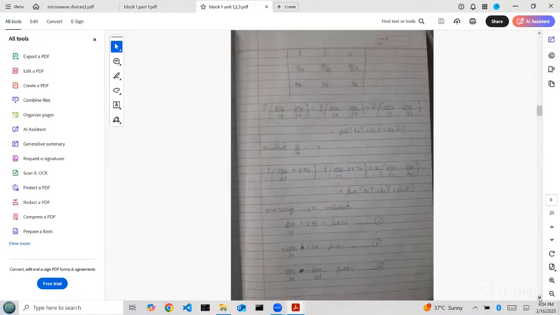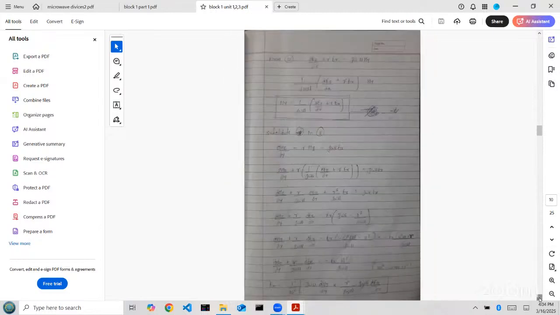Those are dou Ez by dou y plus gamma Ey equals minus j omega mu Hx, and another one is minus dou Ez by dou x minus gamma Ex equals minus j omega mu Hy. Another one is dou Ey by dou x minus dou Ex by dou y equals minus j omega mu Hz.